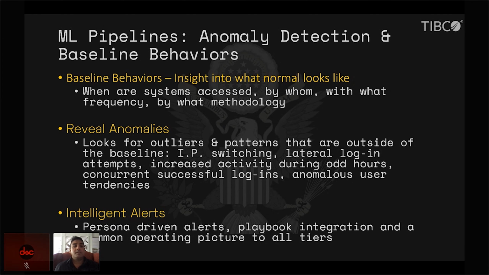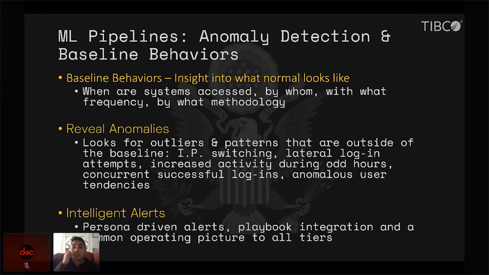Persona driven means if you're an executive, you'll get a good criteria of the high level overview of your ecosystem, including your health, including what attacks have been incoming in frequency, if there's something that you need to pay attention to. But persona-driven alerts also means alerts associated with a SOC analyst, whether it be tier 1, tier 2, or tier 3. Also, intelligent alerts means integration with your playbooks.